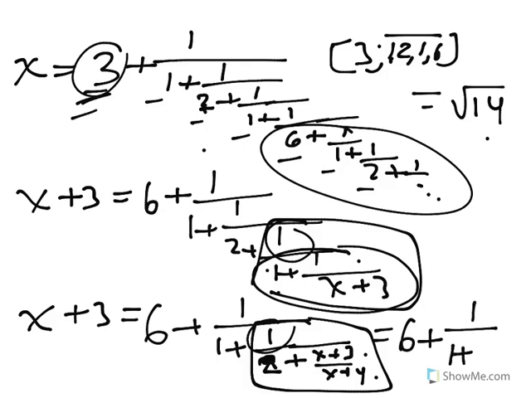So now this looks like this. 6 plus 1 over 1 plus x plus 4 over 3x plus 11. Now this thing, 1 becomes 3x plus 11, plus x plus 4 is 4x plus 15 over 3x plus 11, and then the 1 there ends up becoming 3x plus 11 over 4x plus 15.